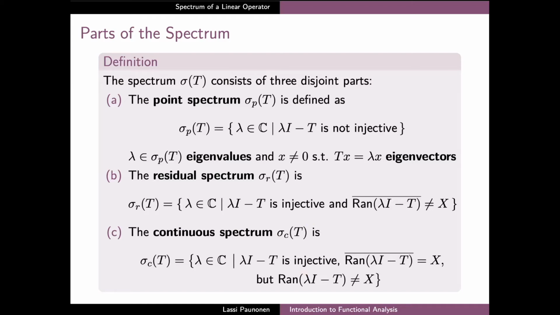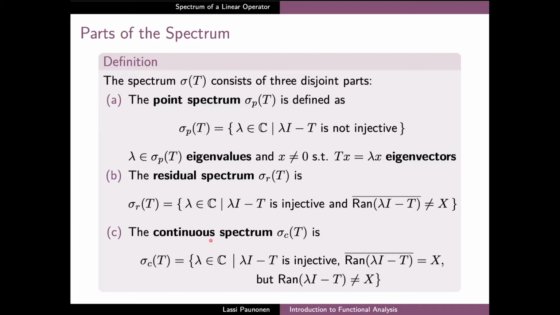And it is divided into two parts. The first part, the residual spectrum, consists of those lambda for which the injectivity holds, but for which the range of lambda I minus T is not dense in X, and therefore the operator is not surjective.